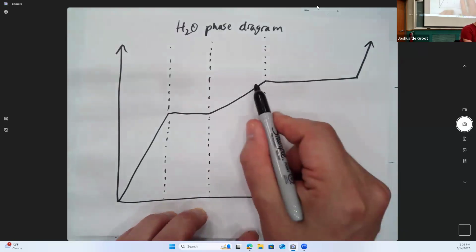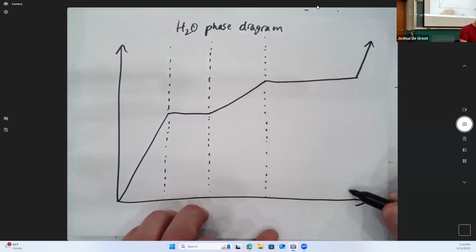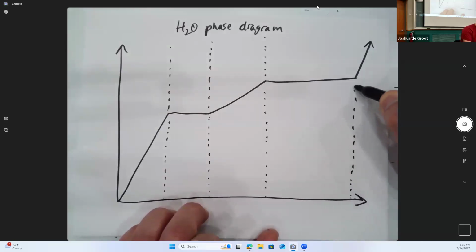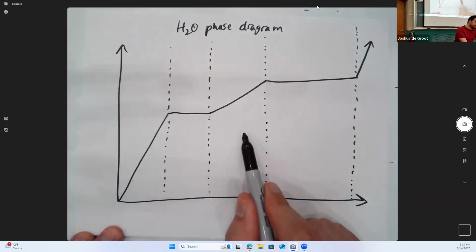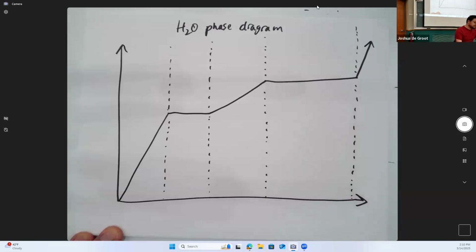Okay. The 4th section is flat again, and for a longer distance. And then we have this 5th section. Okay. So 5 different sections: slope, flat, slope, flat, slope.